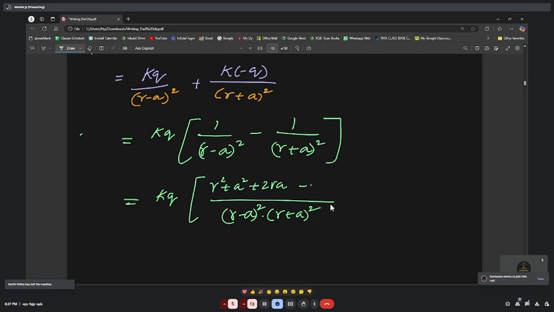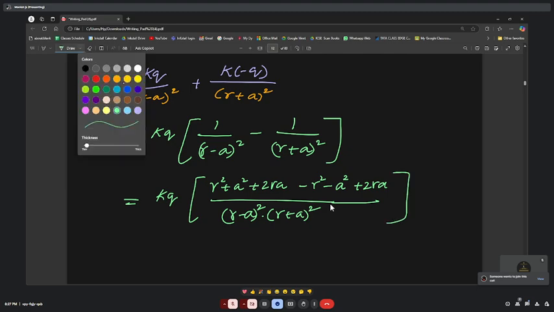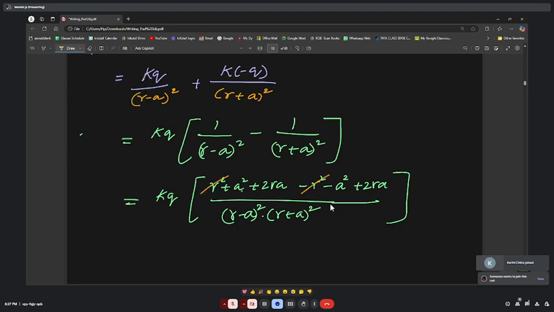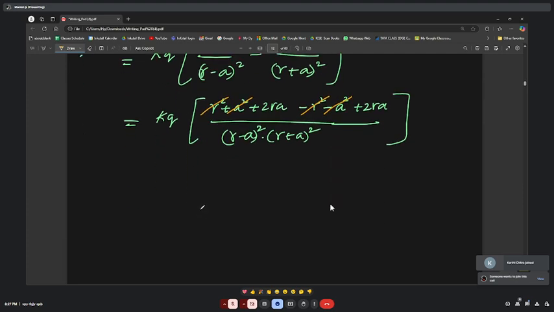Here it's negative R squared, negative A squared, and plus 2RA, because minus 2RA terms become plus when you take the negative. Over, cancel out the terms and simplify the expression further. So plus R squared minus R squared cancel, plus A squared minus A squared also get cancelled, and you're left with 2RA plus 2RA, which is 4RA.